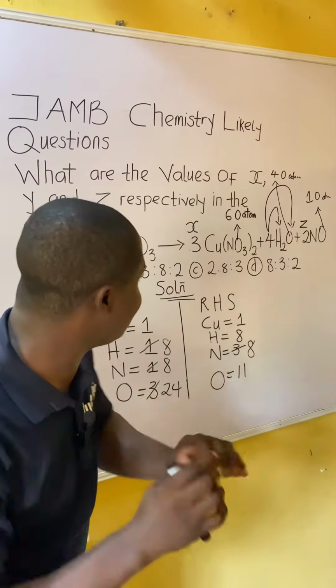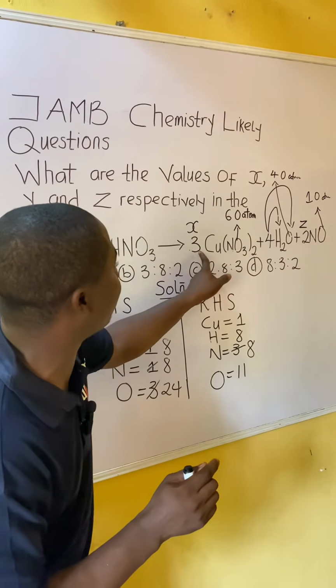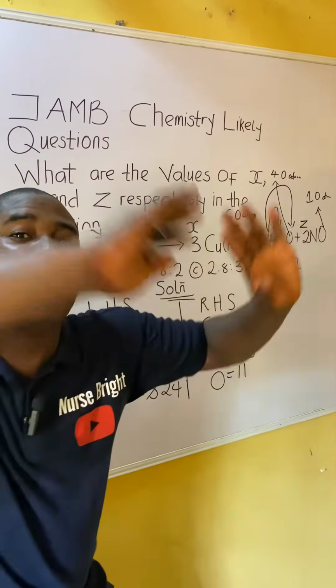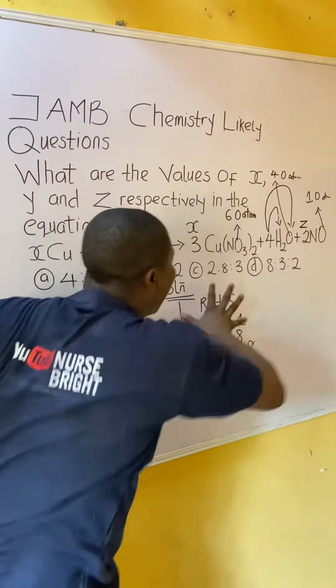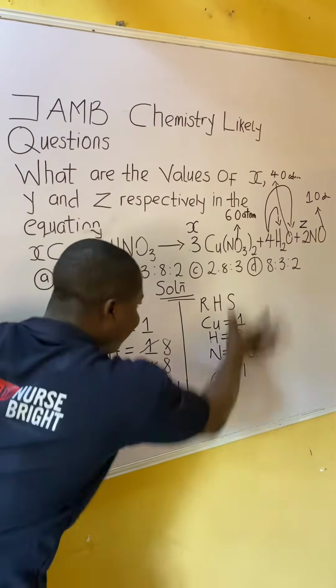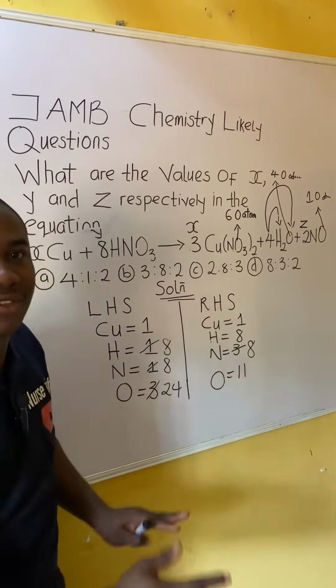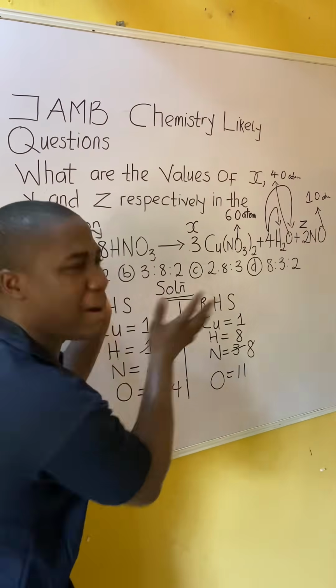You can see that putting 3 in front of this compound has altered every other thing. Remember, this is the right hand side, so we are actually altering the right hand side. We have no business with the left. We already talked about the left.